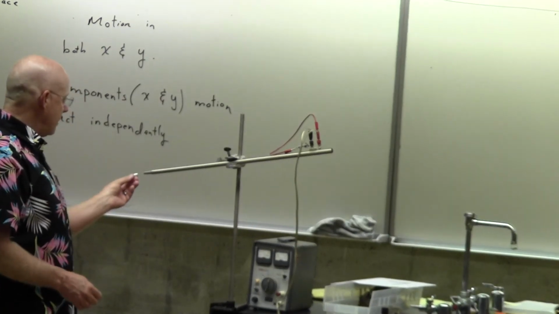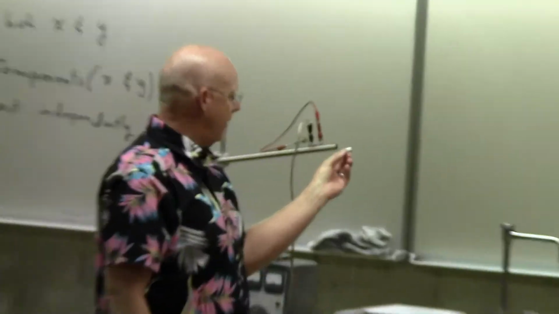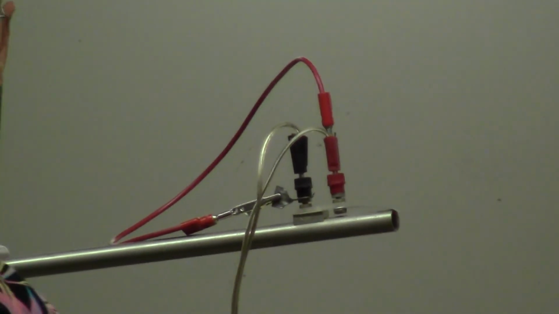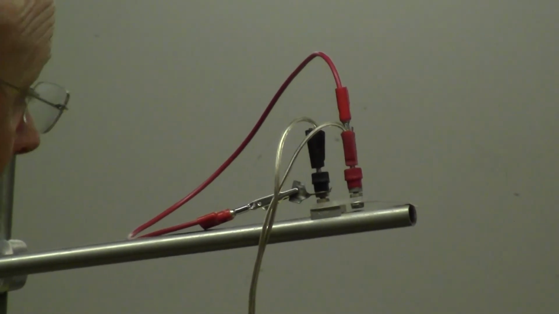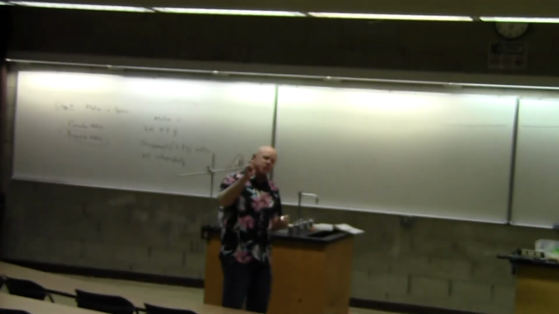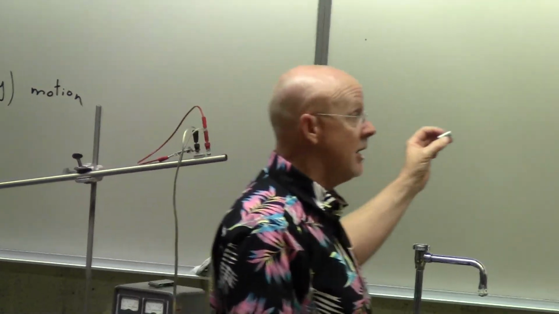And so what's going to happen is when I blow, it's going to come out of here, but then once it leaves, that's when it becomes a projectile. And as a projectile, it's going to begin to fall. See, if there was no gravity, Newton's first law would say it's in motion, it's going to continue, and it would just go in a straight line. And the reason I'm pointing at it is because a straight line would hit it.